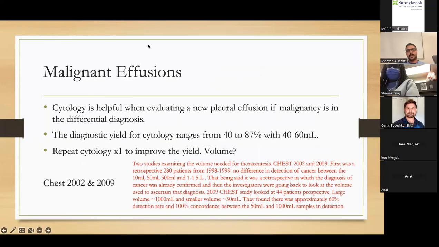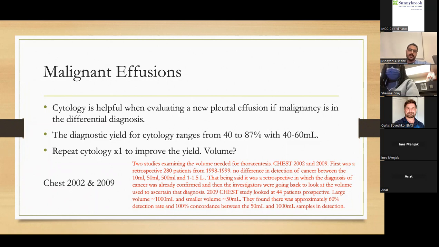The next is the cytology yield. Cytology is helpful, as we know, when we see a pleural effusion, more helpful for some types of cancer than others. For example, for lung cancer, it's an easy way to stage and to know that this person has stage 4, so they don't have to go through a lot of invasive diagnostic approaches.